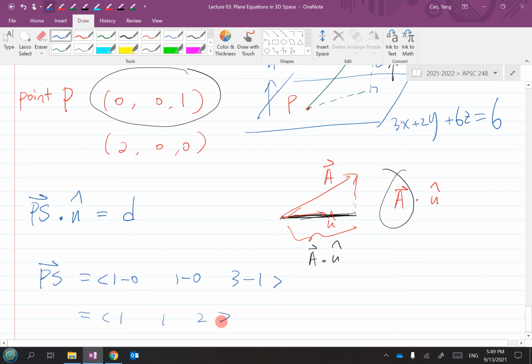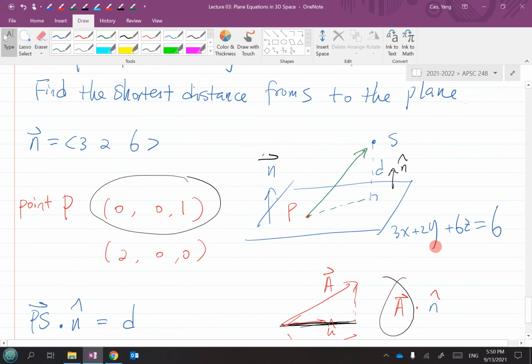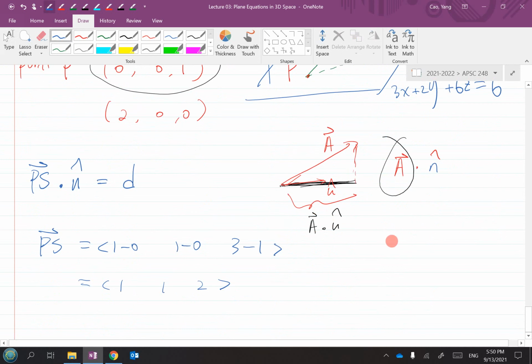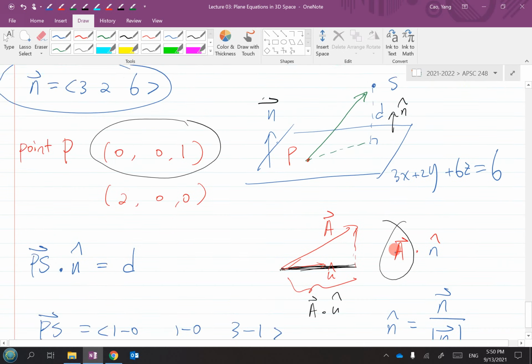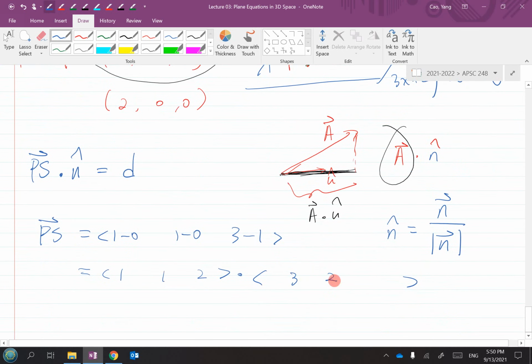So PS is (1, 1, 2), and then your N hat. N hat needs one more step. I don't have an N hat yet, but I have N. How can I get N hat? You normalize it with its length. N here is (3, 2, 6), so you divide by its magnitude.